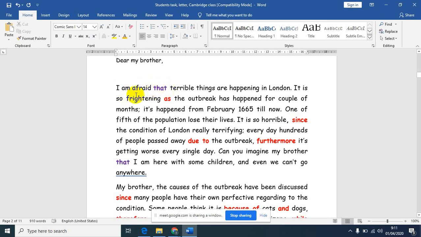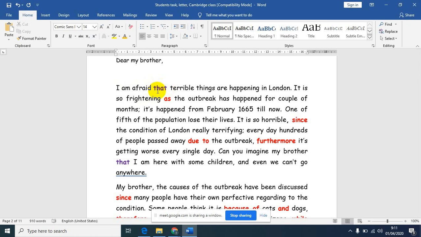It could be like "I'm afraid it," and we change it into another sentence: terrible things are happening in London. So it is a noun clause, or we call it a complex sentence.